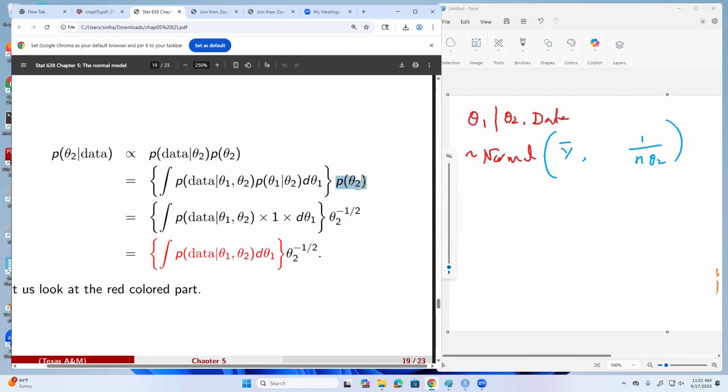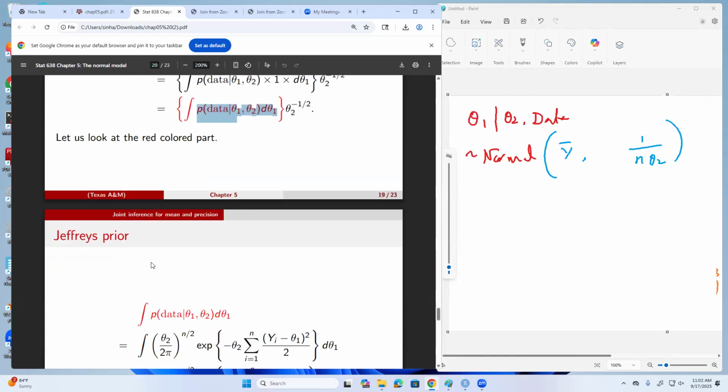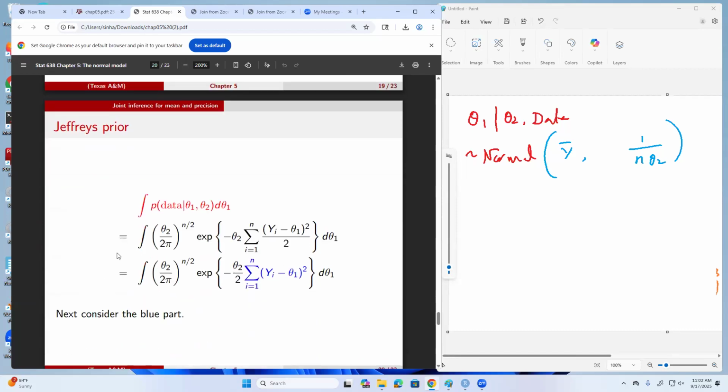And the prior for theta 2 is theta 2 to the power minus half. So now we have to see what happens if we integrate out theta 1. Let us look at the red color part: integration of the data likelihood with respect to theta 1. This is our likelihood of the data involving theta 1 and theta 2, and I want to integrate out theta 1.